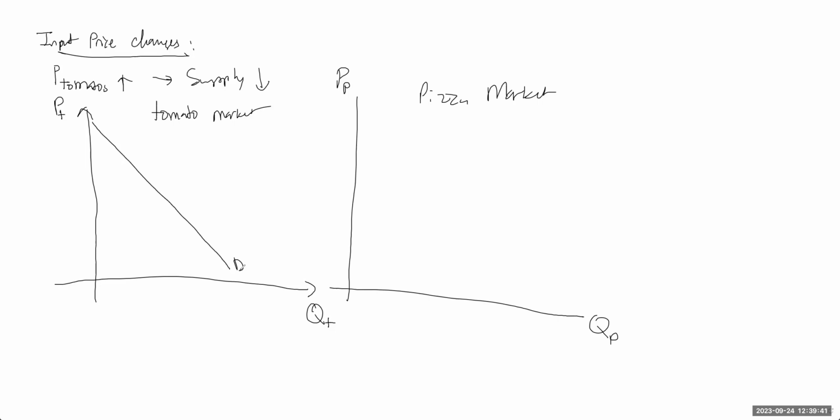Okay, the pizza industry are consumers of tomatoes, so they have a demand curve. And they're a seller of pizza, so we have a supply curve. So let's say we're at point A, and this is the price of tomatoes. And given this price, they're buying this many tomatoes. And given that, we are able to draw this supply curve.